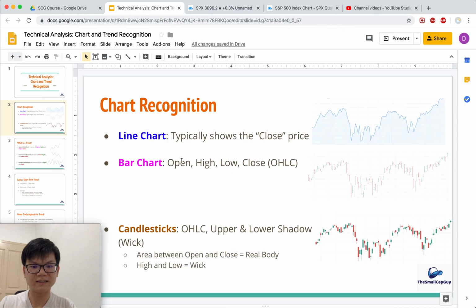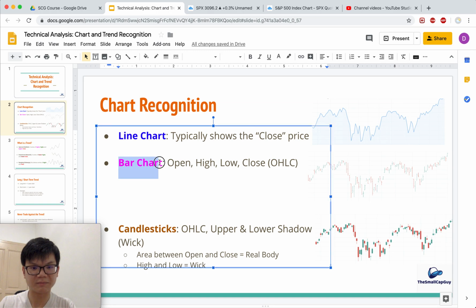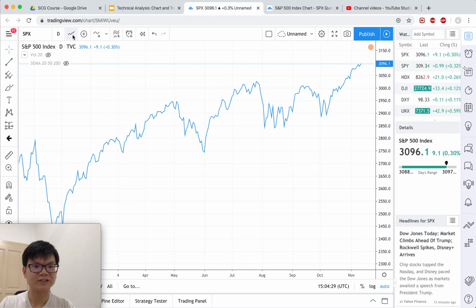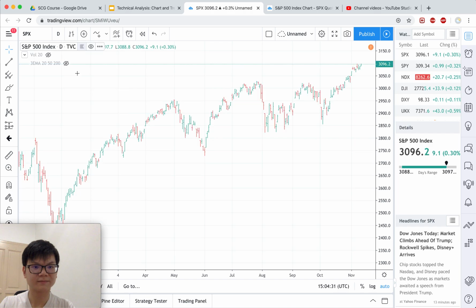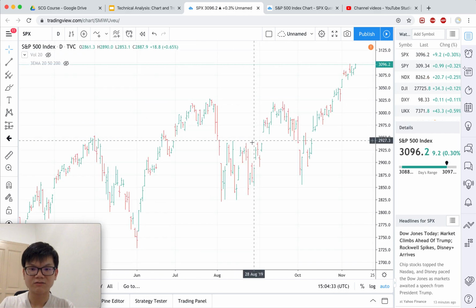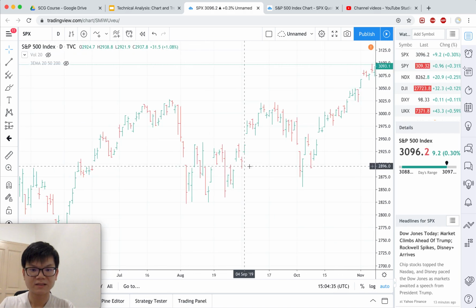The second chart is the bar chart. The bar chart has a lot more information: the open price, the high, the low, and the close. So we can actually switch these to bars. Let me zoom in.